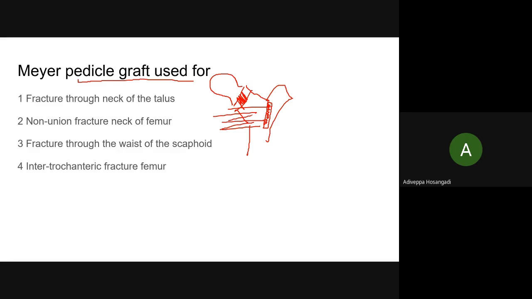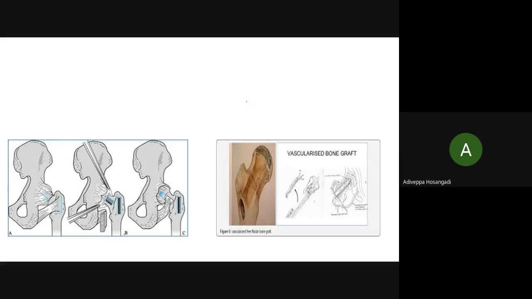They take the piece of bone with the muscle and fix it with a screw here. For non-union you require vascularity. The vascularity is brought from the muscle to the fracture, which will help the union. I have a diagram for this.